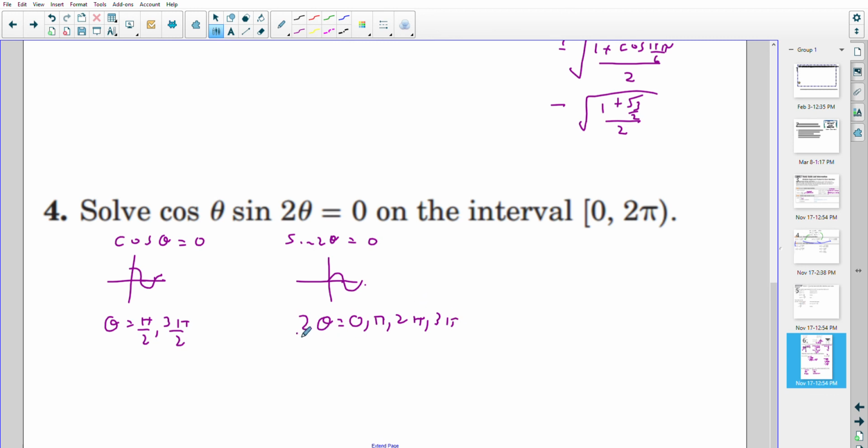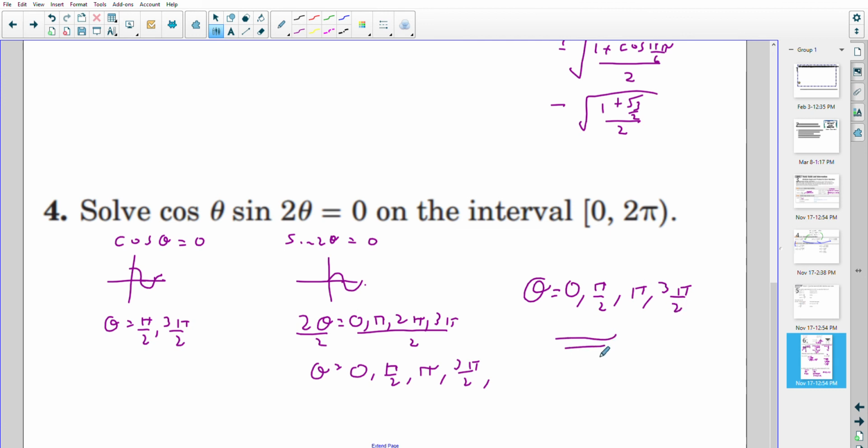And so if I divide both sides by 2, my theta can equal 0, or pi over 2, or pi, or 3 pi over 2. And if it continued, 4 pi over 2, but I can't include 2 pi as my answer. So overall, my answer is going to be theta equals 0, pi over 2, pi, and 3 pi over 2.